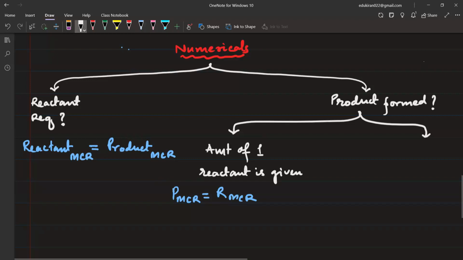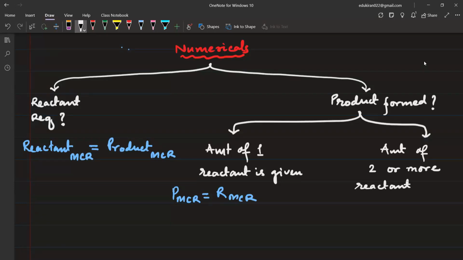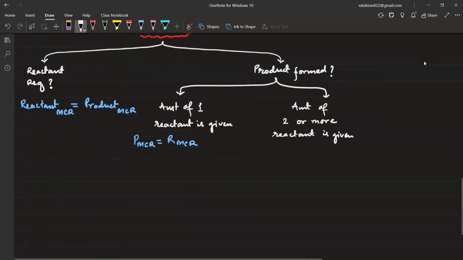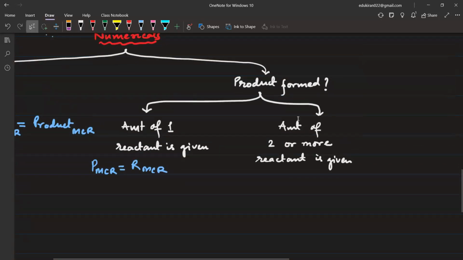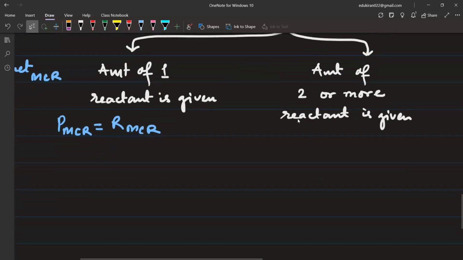Now, if the amount of 2 or more reactants is given, okay. Now, after this, when the amount of 2 or more reactants is given, then what you need to do? You need to, first of all, determine the limiting reagent.